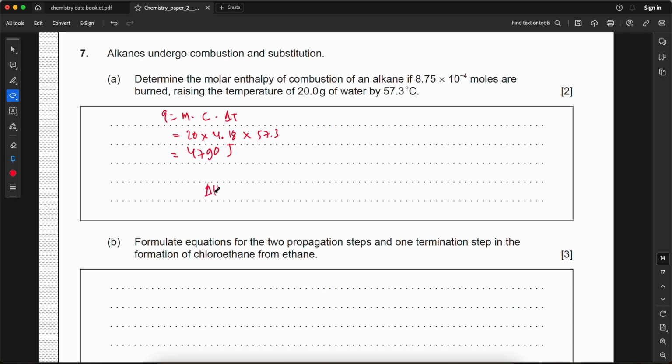So delta H should be divided by mole. So 4790 divided by 8.75 times 10 to the power negative 4, because this is the number of mole, divided by 1000 again, because we want it to be kilojoule. Delta H is in kilojoule. So you will get negative 5470 kilojoule per mole. Why is it negative? Because it's combustion. When it's combustion, the temperature increases, so that's why it is negative.